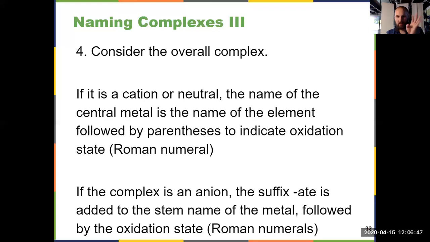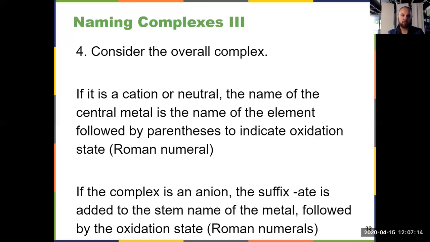So I name the ligands, name the metal, and then I have to think about the complex overall, specifically paying attention to a counter ion. If my complex is positively charged, so cationic, or neutral, then I finish the name, and after I've named the center metal, I have to indicate the oxidation state of the transition metal.